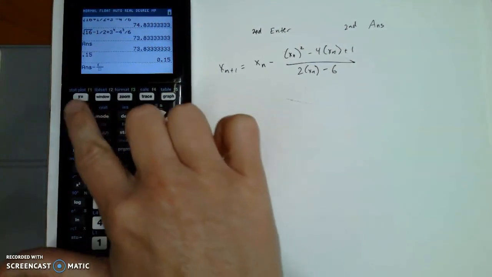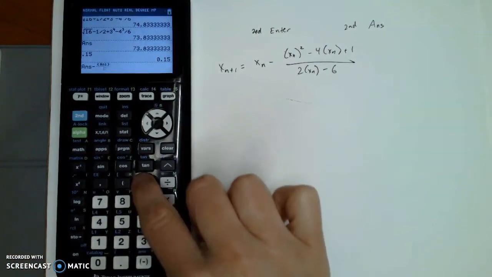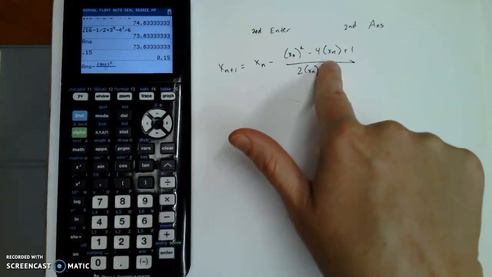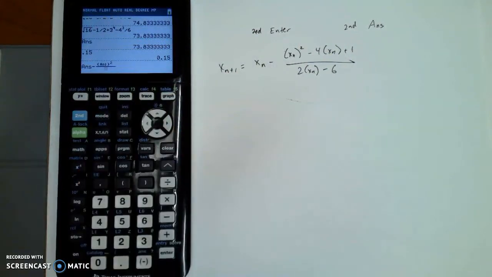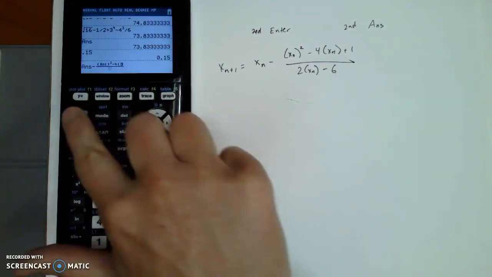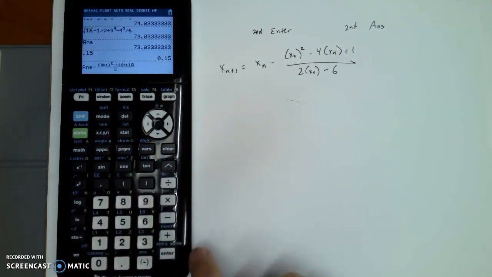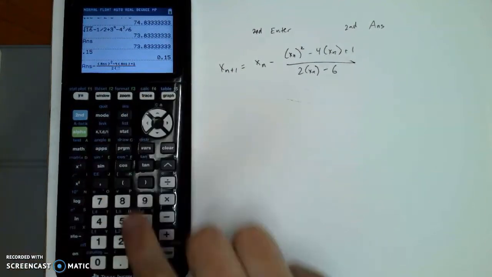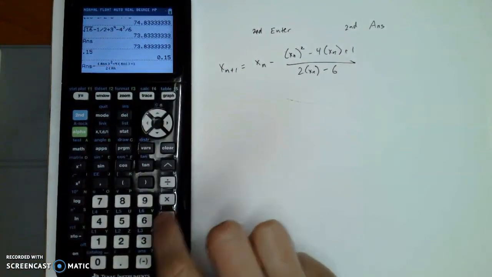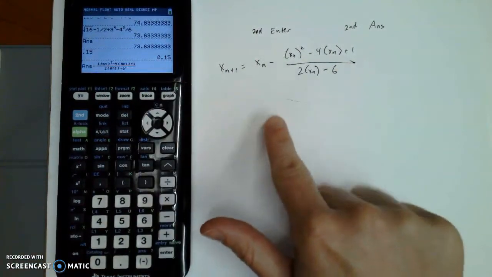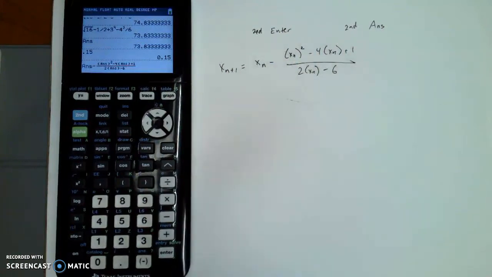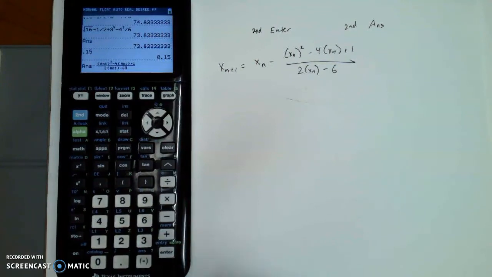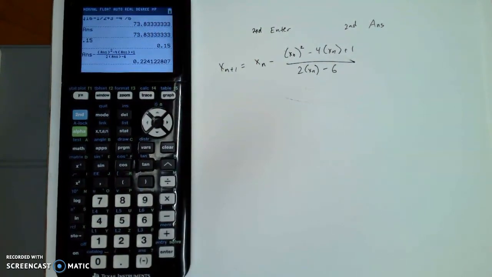Now I am going to use parentheses here, second answer, quantity squared, because I always tell students if I've got parentheses here, I want to have parentheses here. So minus 4 in parentheses answer plus 1, and then on the bottom of my fraction, 2 in parentheses second answer minus 6. So again, I have ANS instead of all those x sub n's, but otherwise this looks exactly like what I just wrote out by hand. And let's hit enter.